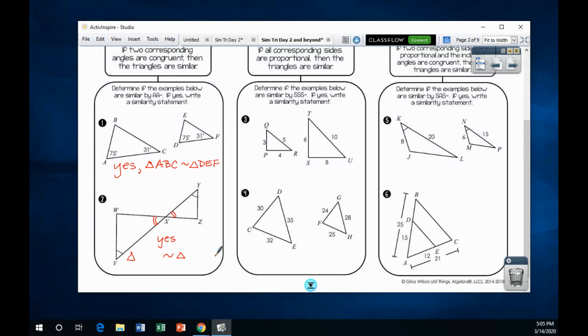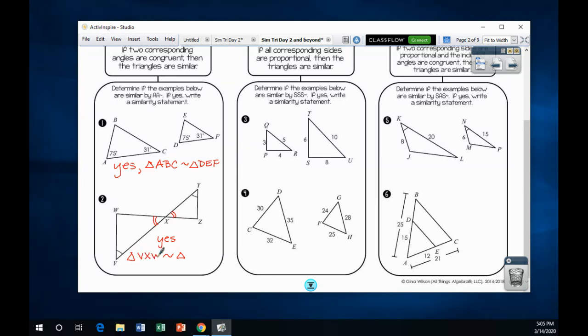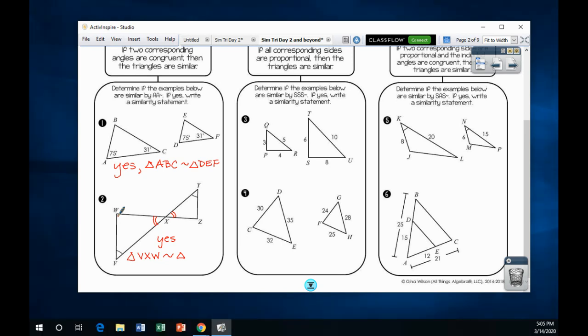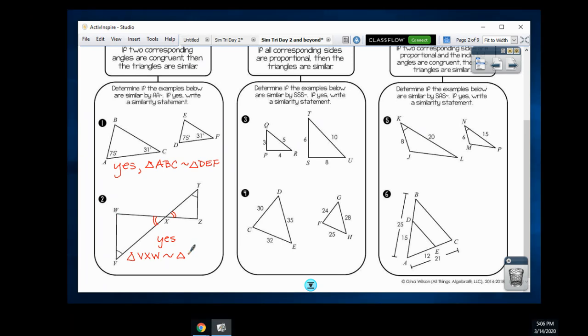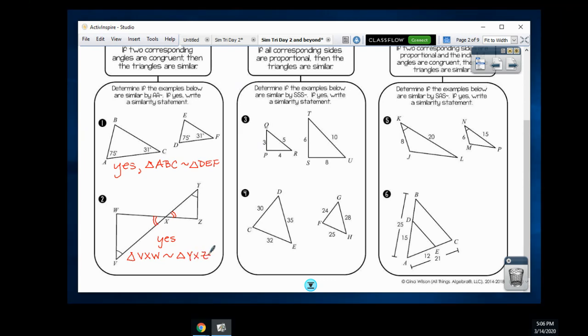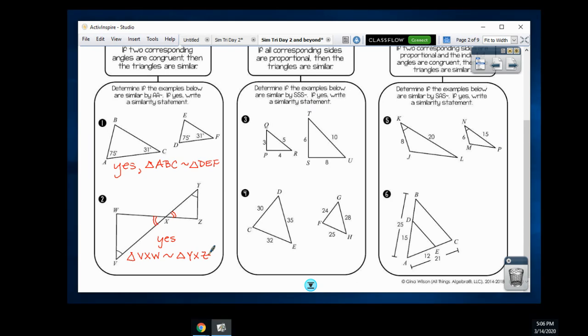So I'm going to start with the big one right here. I'm going to call this triangle VXW. So I'm going with the 1 tick mark, the 2 tick marks, and then angle W didn't have one. So over here, let's do it the same way. Triangle YXZ. So there's a similarity statement that's written correctly because I've got the congruent angles in the same positions.